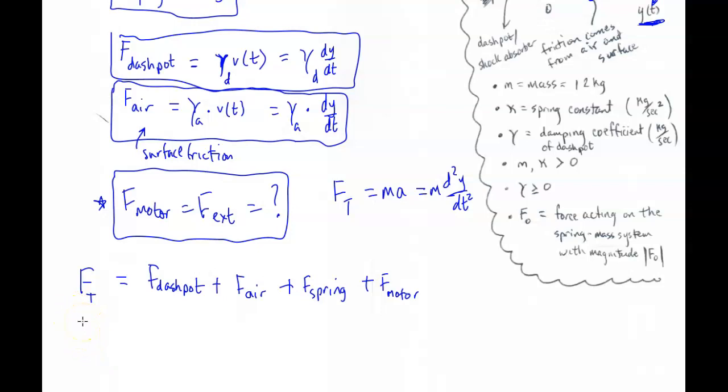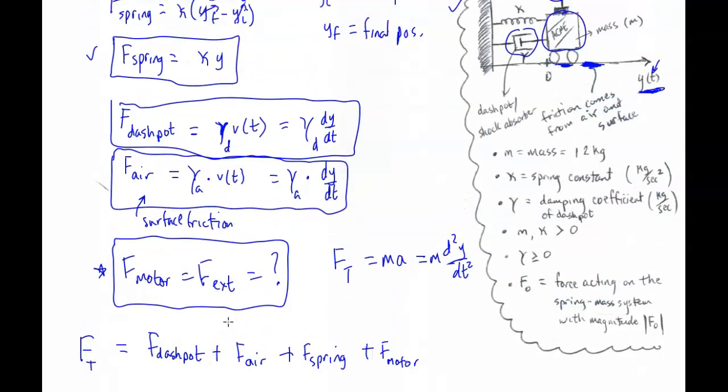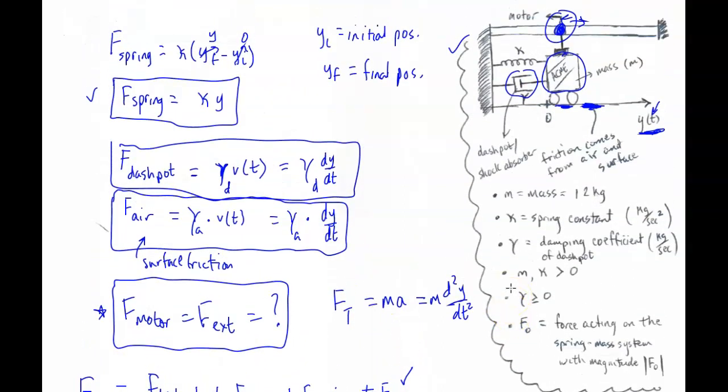There's one other thing we need to account for before we write this equation. If we're looking at the total force, there are forces acting in certain directions. Hypothetically, say we apply a force that goes this way. This spring is going to try to pull the mass back in the opposite direction.